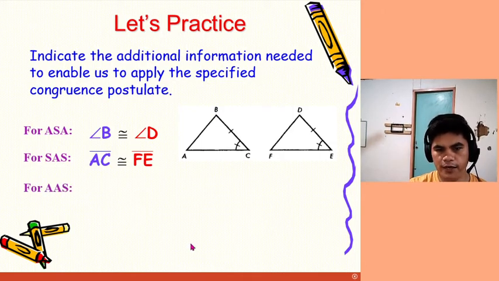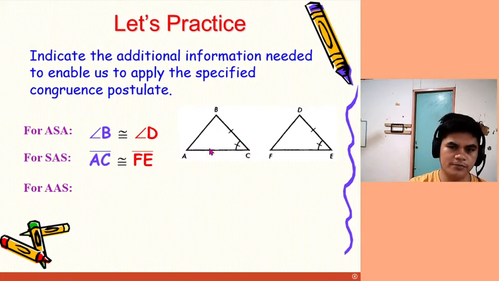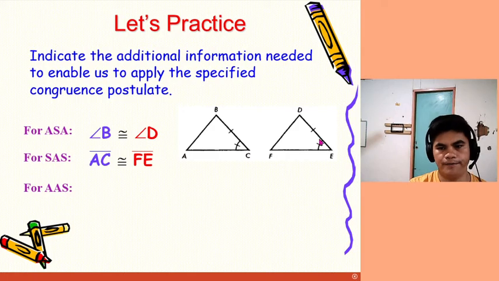It must be side AC congruent with side FE in order for us to prove that these two triangles are congruent by SAS. Side, angle, it must be this side.